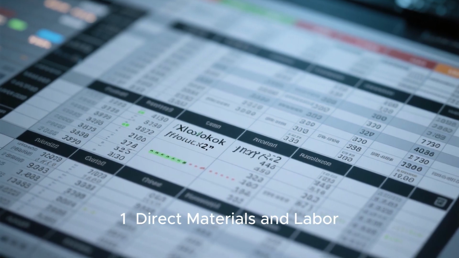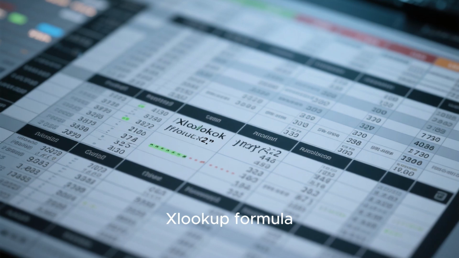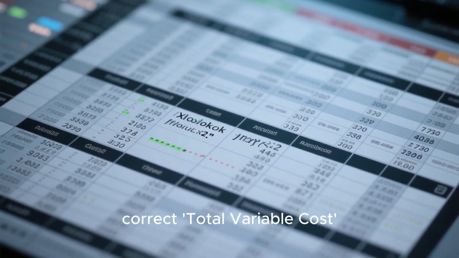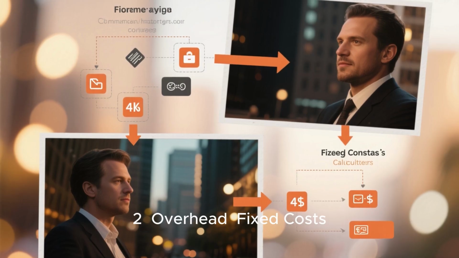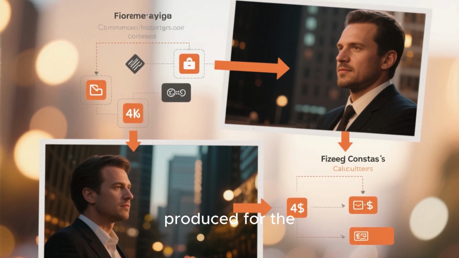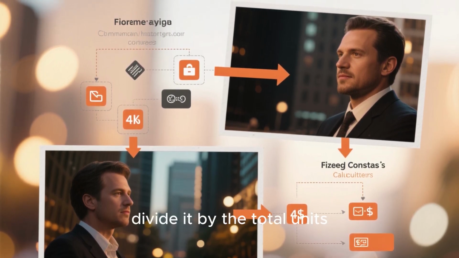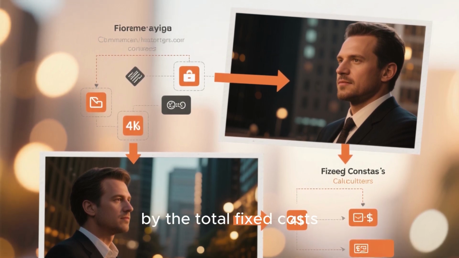1. Direct materials and labor. Our calculator will use a lookup formula to look at the products selected in our dropdown and pull the correct total variable cost from this new table. 2. Overhead, fixed costs. Our calculator will look up the units produced for the selected product from tbl_prod_volume, divide it by the total units, and multiply that percentage by the total fixed costs.